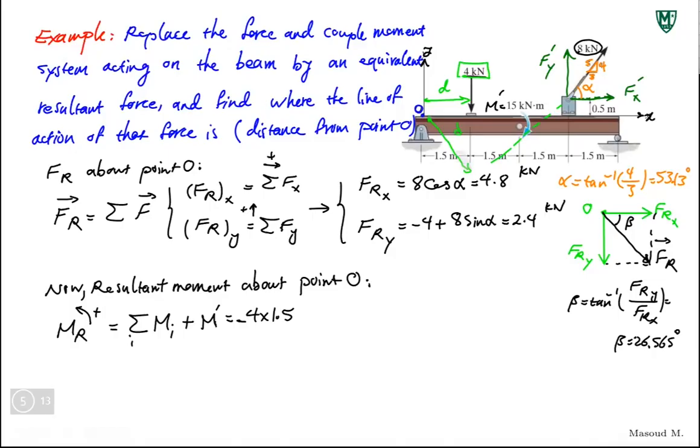So I'm going to use XY components, exactly. I'm going to use the principle of moments. The moment of a force about a point is the same as the moment of its components about that point. So I already decomposed it into F prime x and F prime y. All I need to know is what distance I should multiply them with.